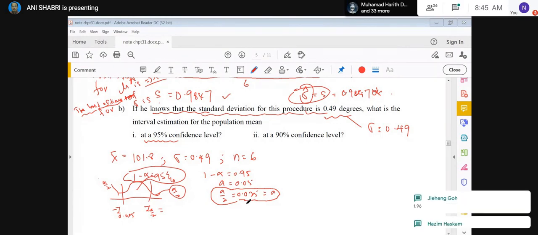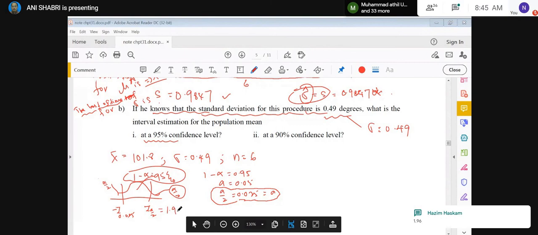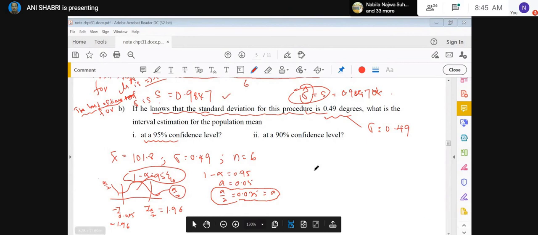Okay, berapa nilai dia? We get 1.96, and this one is negative. We have two values.